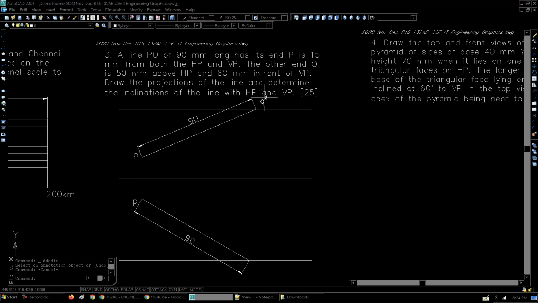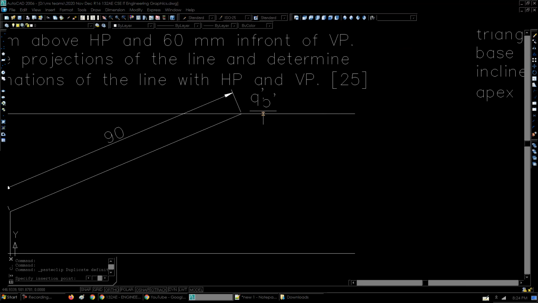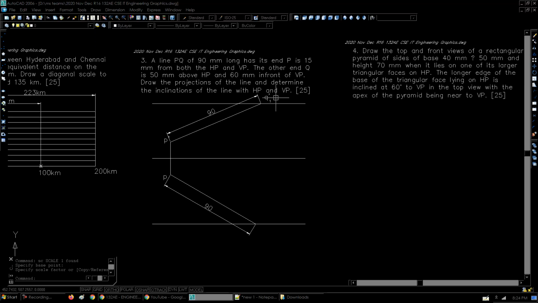This is just a temporary point, and hence we need to call it Q1 dash. In the same way, this point is a different point compared to this, so they are not the same points. So I need to call this Q2, not with a dash, remember, because this is a top view, we should not be taking any dashes.